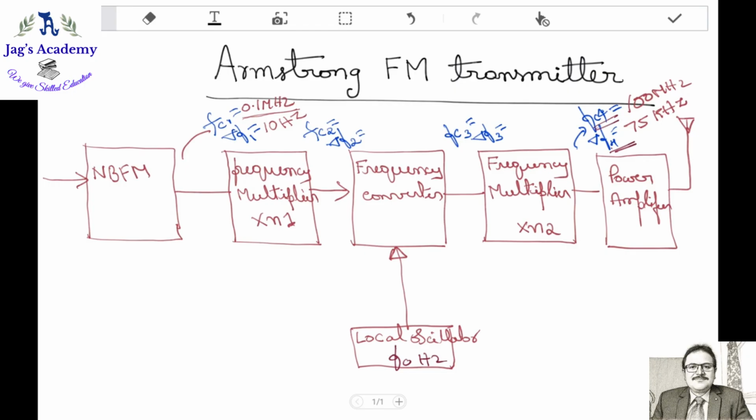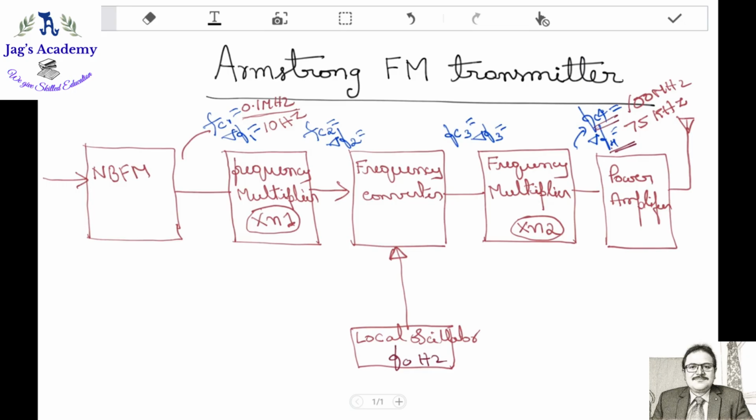Now, our design parameters are the frequency multipliers N1 and N2. We have to find these parameters in such a way that they are suitable according to our existing frequency multipliers.